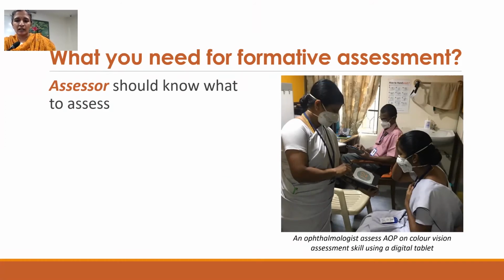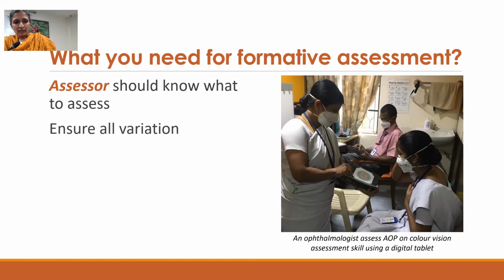As we have been rolling this out, we found that we have to go back to the assessor and tell them why it is important to do this in a very strict manner. They should not do it leniently. This is not to just pass somebody or give marks or show someone as competent. This is really to ensure the quality of our care. So you must also counsel the assessor on doing this very, very strictly.